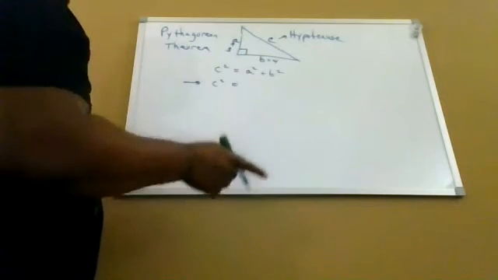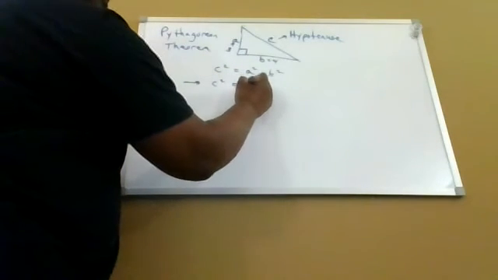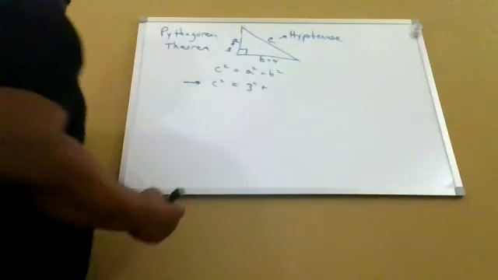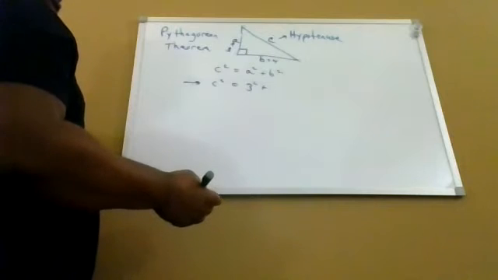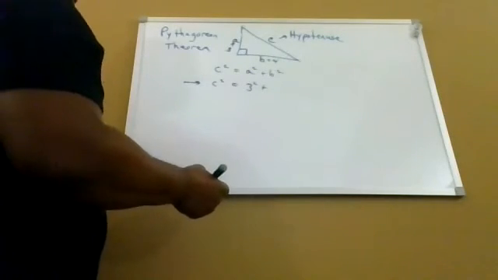So I substitute 3 for A. It's going to give me 3 squared. And then plus B. Well, we know B equals 4. So substituting 4 for B gives me 4 squared.